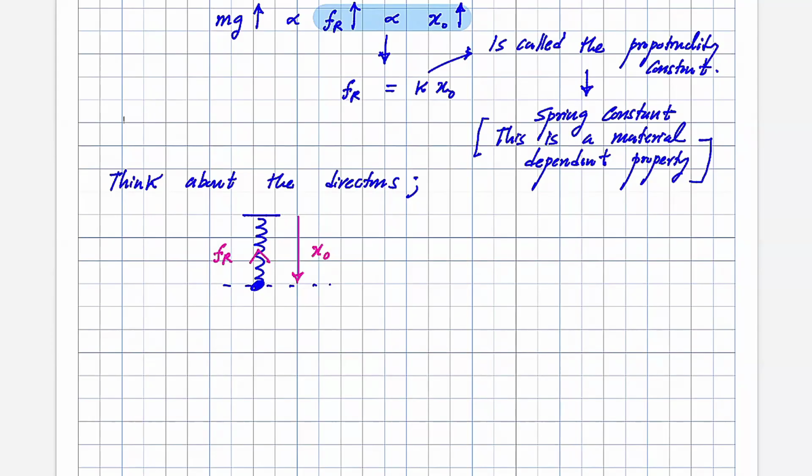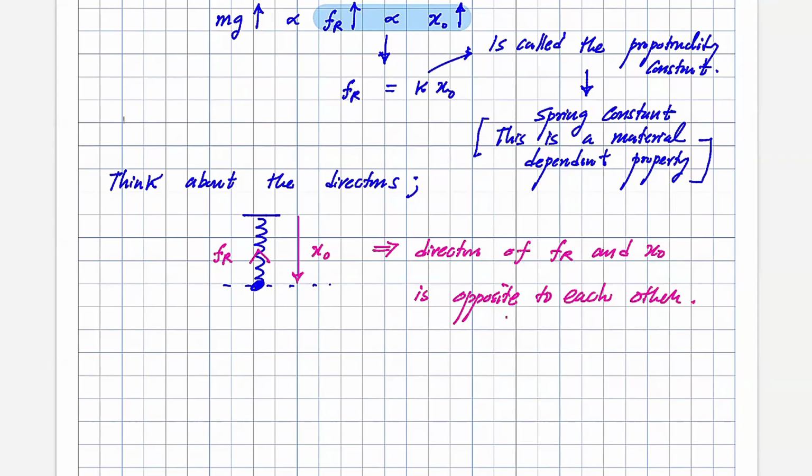Now you can see from this picture, the direction of FR and x0 are opposite to each other. Right? Opposite to each other.